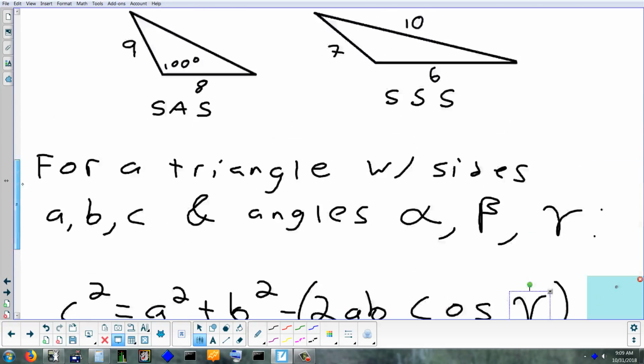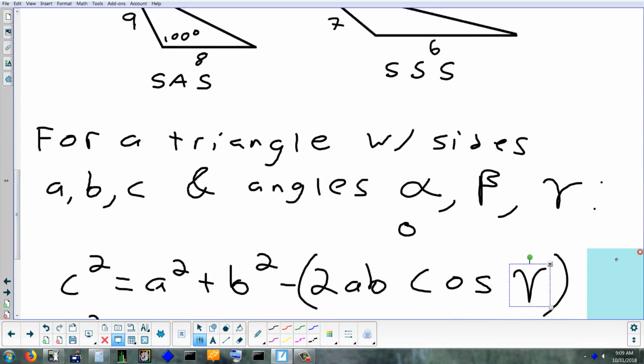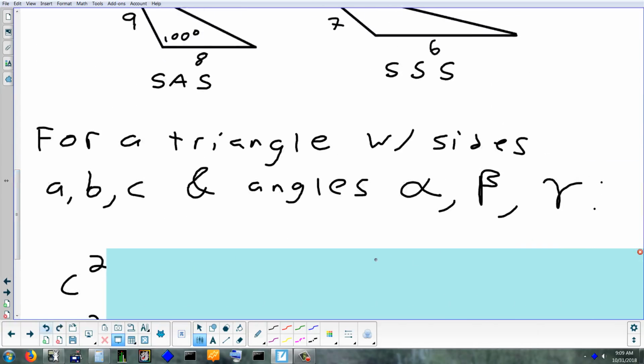So you would be subtracting 0. This whole part disappears when you have a right angle, and it just turns into the Pythagorean theorem. But when gamma, or whatever the angle is, is not 90, that will not be 0, and then we have to use it. All right, so let's see if we can write it the second way.